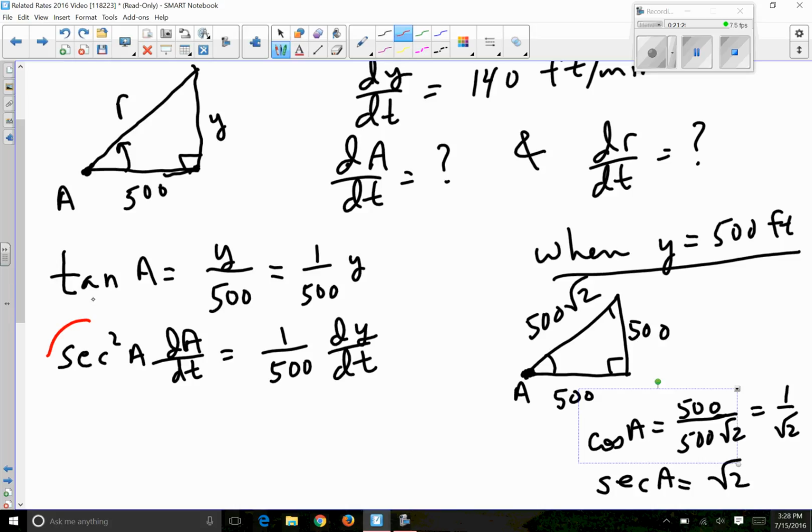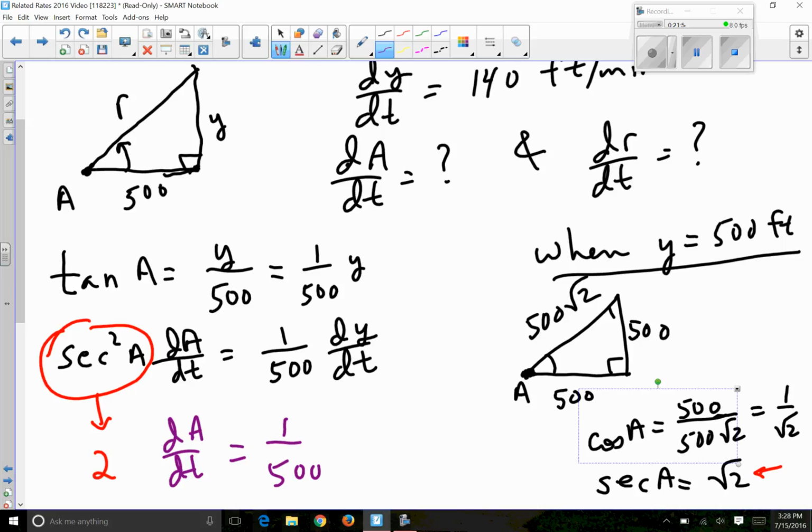So right here, when we get to the step called plug in numbers, where it says secant squared A, we can put 2, because this is the secant of A. The secant of A squared is 2. dA dt is what we're trying to find. Copy all this. And we know dy dt is 140.